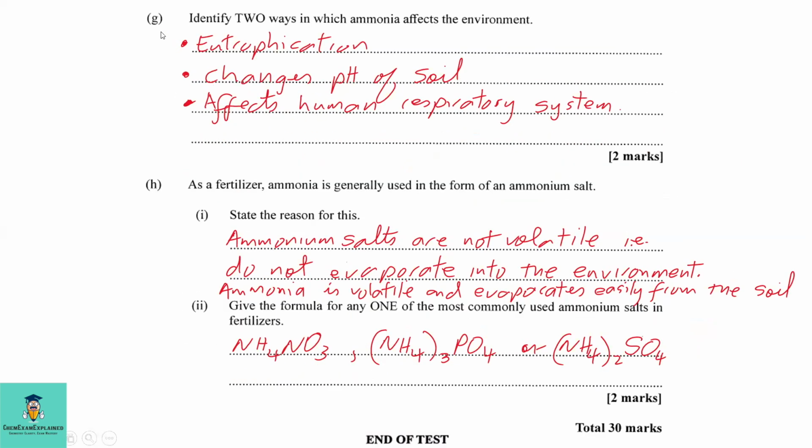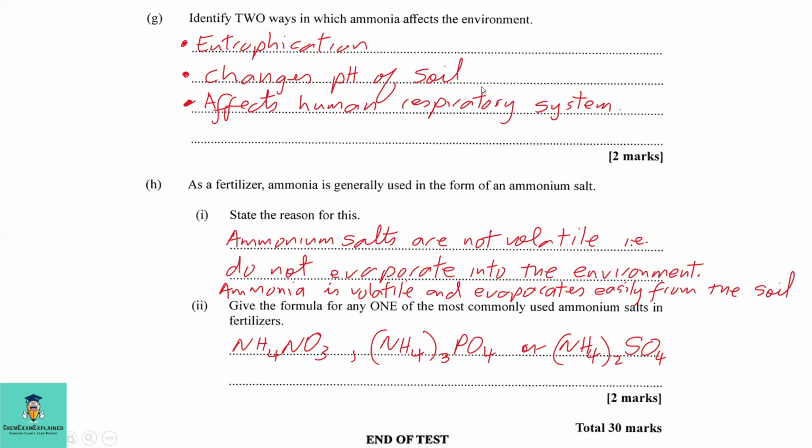Part G. Identify 2 ways in which ammonia affects the environment. Alright, so ammonia is very soluble. So if it gets into the soil, it will be washed into lakes and rivers and cause eutrophication. In the soil, it will cause the pH of the soil to change.